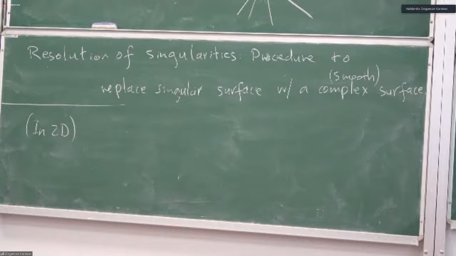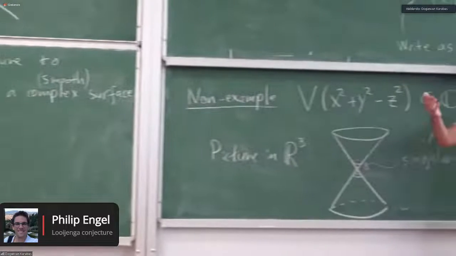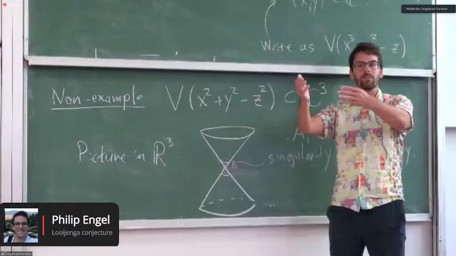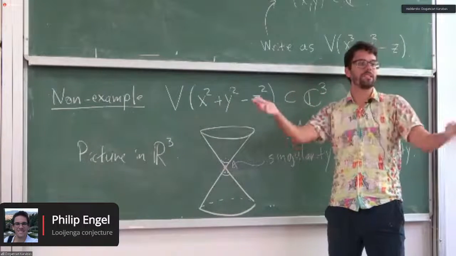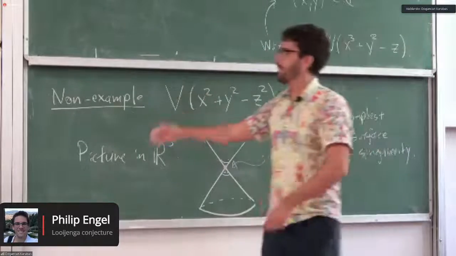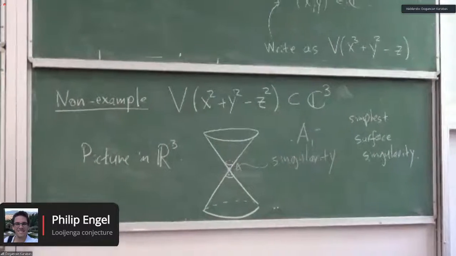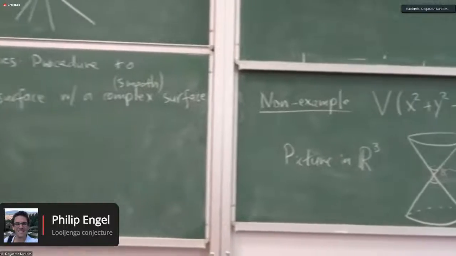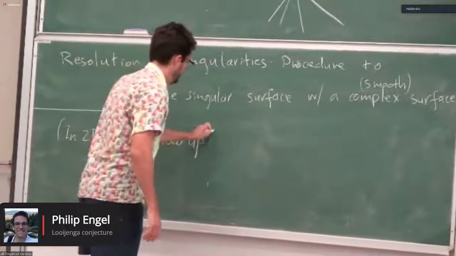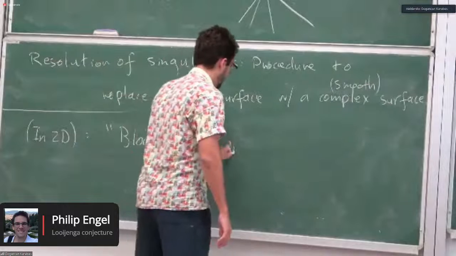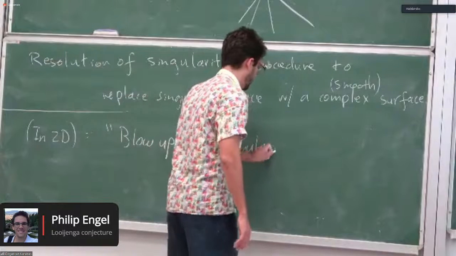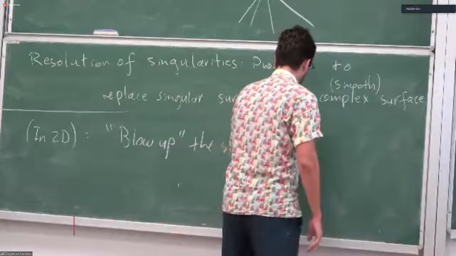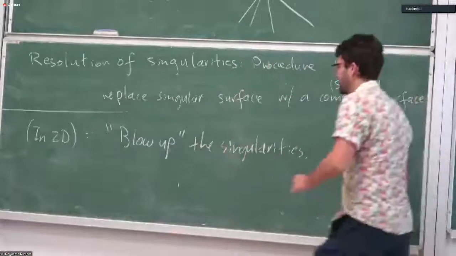What you do is, if you have some singular points of your surface, you do something called blowing up the singularity, and this produces a new space. Maybe it still has some singular points, but then you blow those up, and this eventually terminates, and you get a smooth complex surface. What is this?